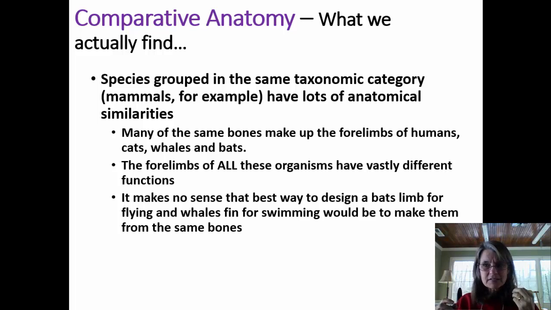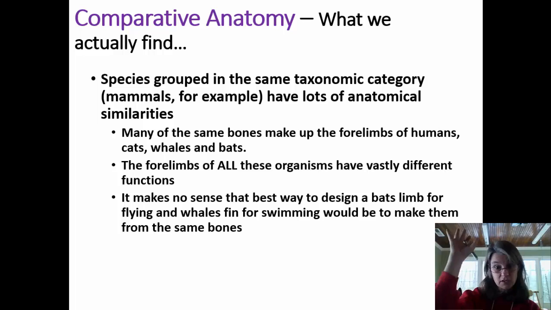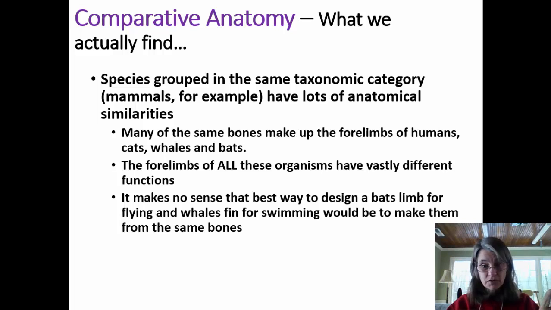So it makes not very much sense that the very best way, the ideal way to design a bat's limb for flying and a whale's fin for swimming would be to make those from the same bones. But that is what we see when we look inside the anatomy of a bat wing and a whale fin and a human arm. The same bones are all present.